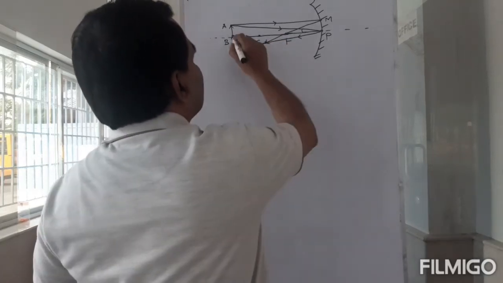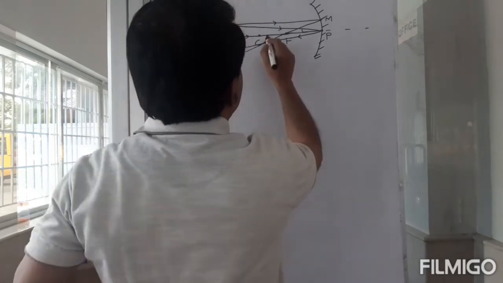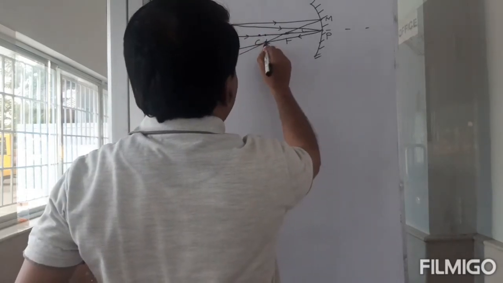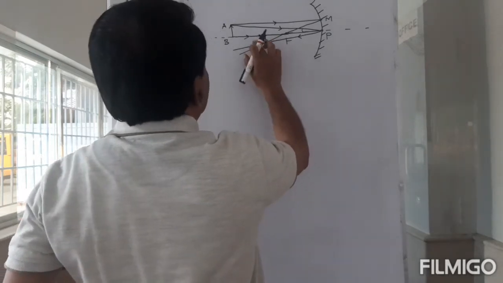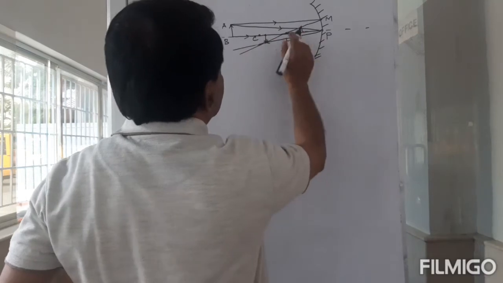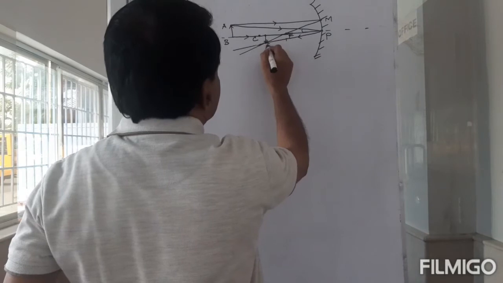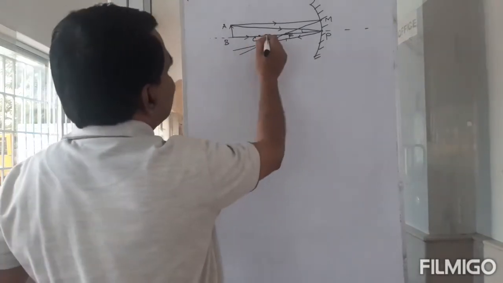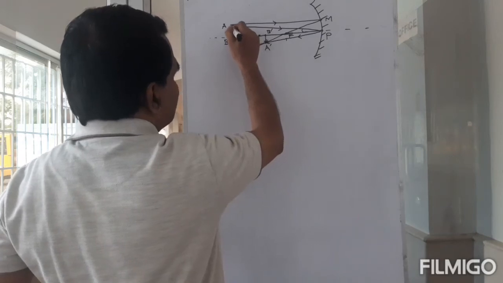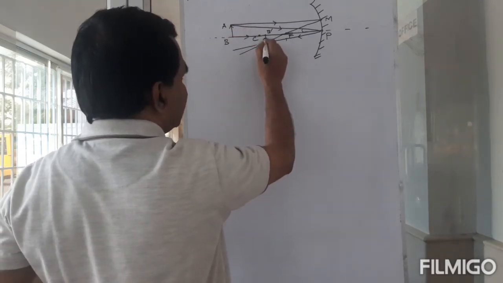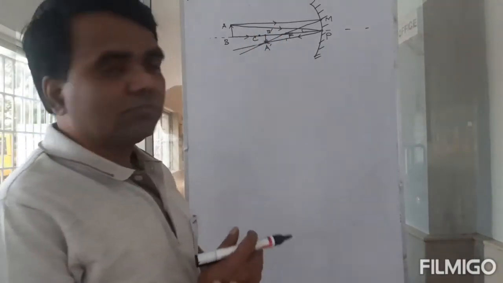I can draw one more, but I know that it is vertical, and this will also be vertical. So the image will be formed somewhere there. I'll call this C, this F. Now A makes an image here, so that is A dash. B will make an image here, so that is B dash. Everything else, X, Y, Z, all along this, will make an image along this line. So I have this in place, right?